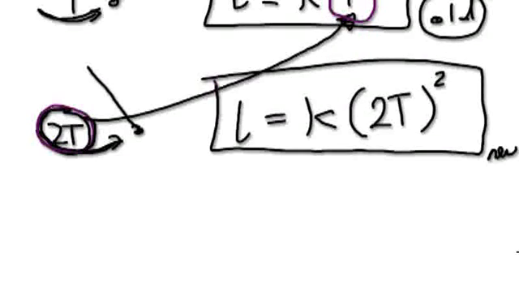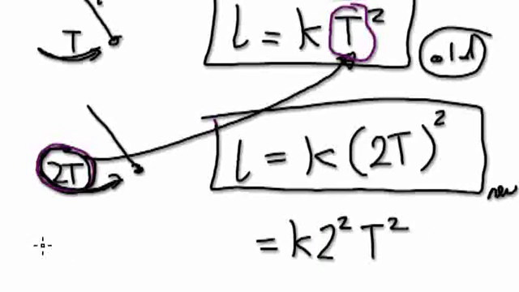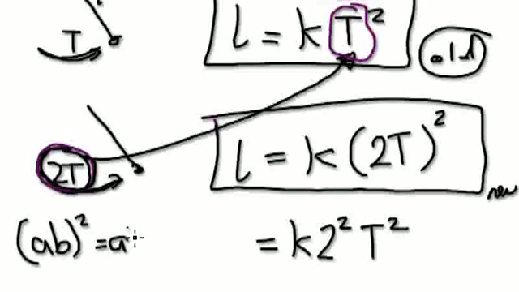Now we want to express the new system in terms of the old one, so that we can compare it to the old one. By using indices, this equals k times 2 squared times t squared, because when you have a times b squared, that becomes a squared b squared.